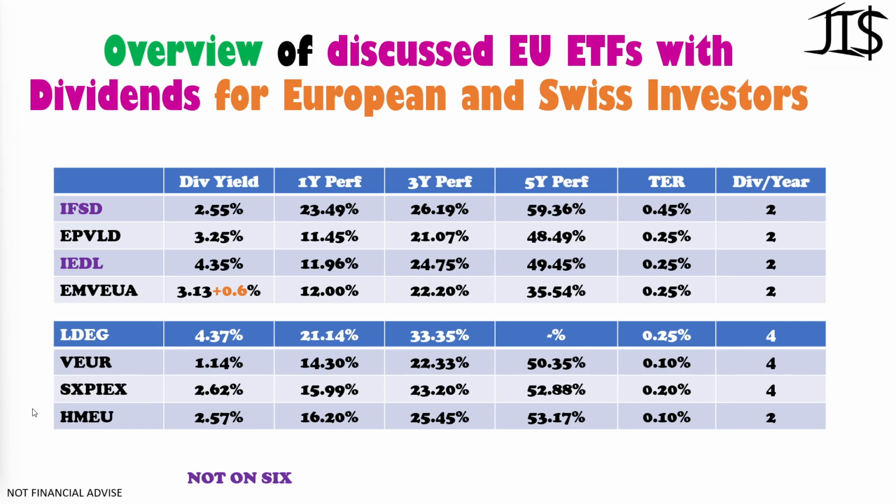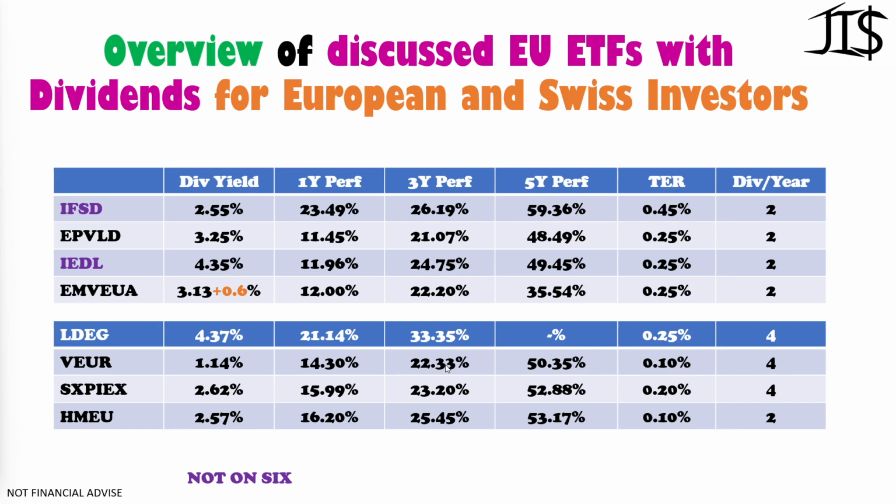And I wanted to make other comparisons as well. So we have the Vanguard FTSE Europe one as well, with a dividend yield of 1.14%, 1 year performance of 14.30%. So beating the multi-factor one of the UBS ETF and the Value Factor ETFs, both Value Factor ETFs.